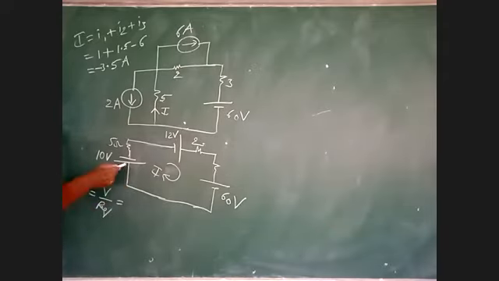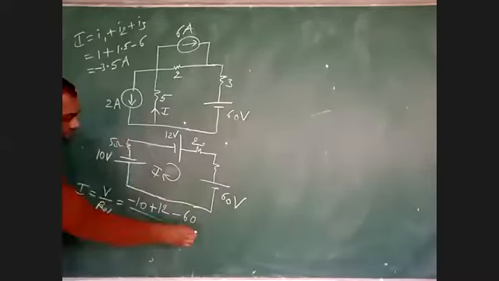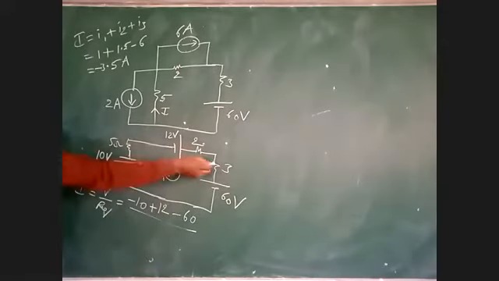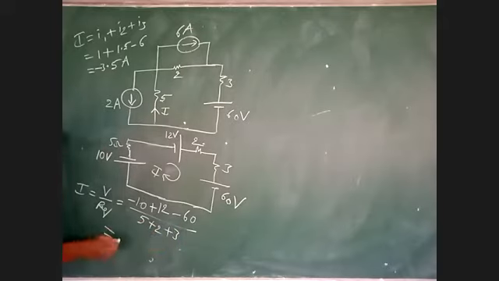See, I is flowing from plus to minus: minus 10, minus to plus, plus 12, plus to minus, minus 60, divided by all resistances in series, 5 plus 2 plus 3. Minus 58 by 10.